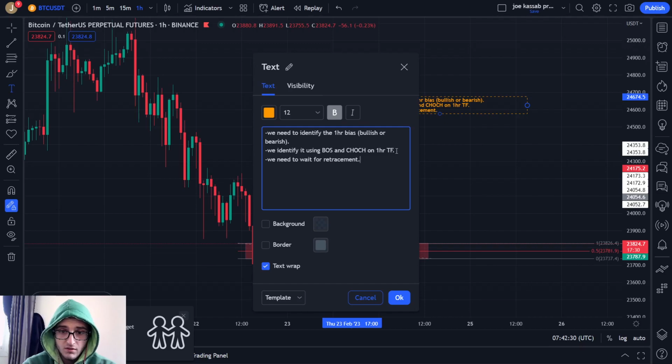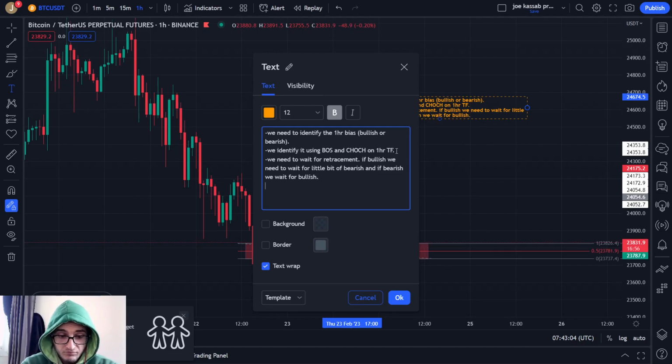Okay, so if bullish, we need to wait for a little bit of bearish, and if bearish, we wait for bullish.